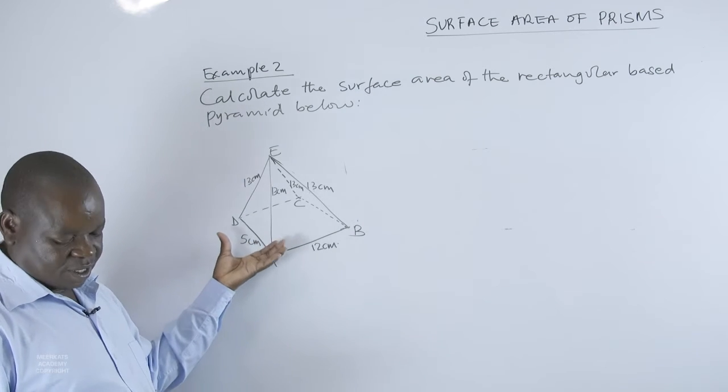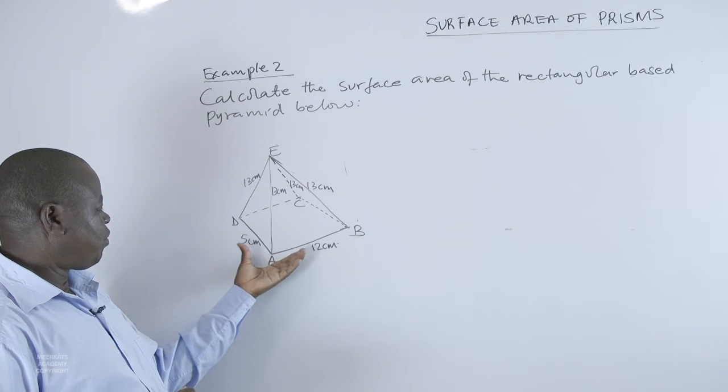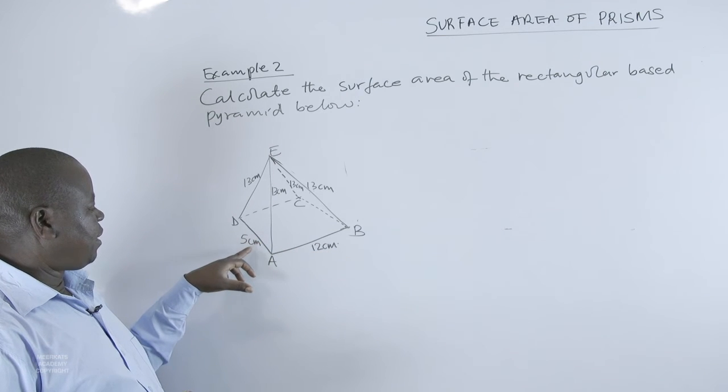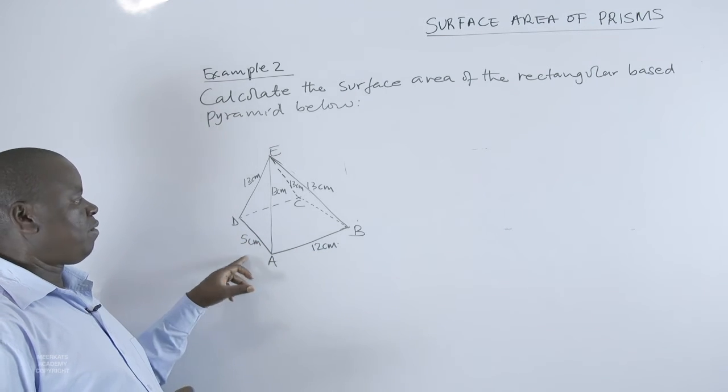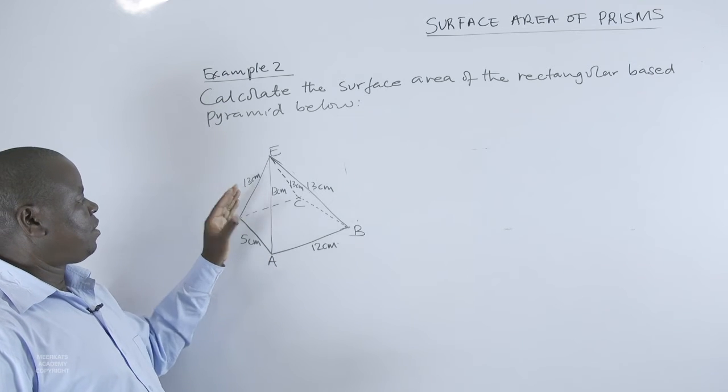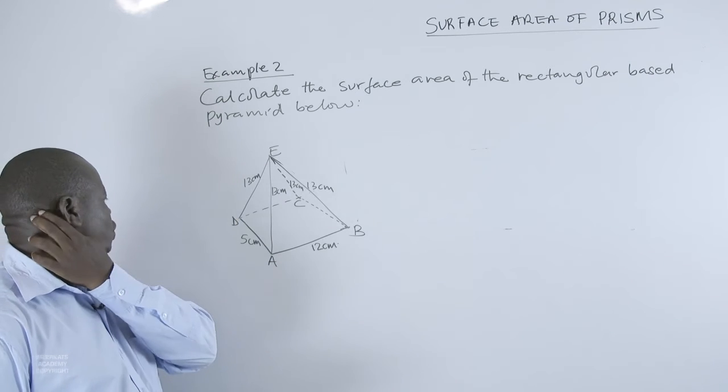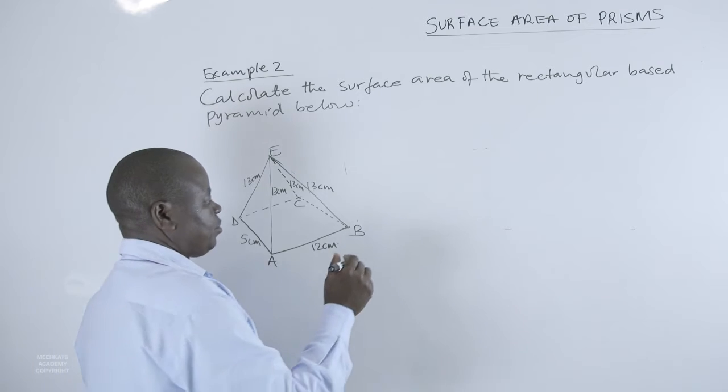So you can see we have a rectangular base pyramid of the following dimensions. The base is made of 12 by 5 and the slant heights are 13 centimeters each. So we open the net.